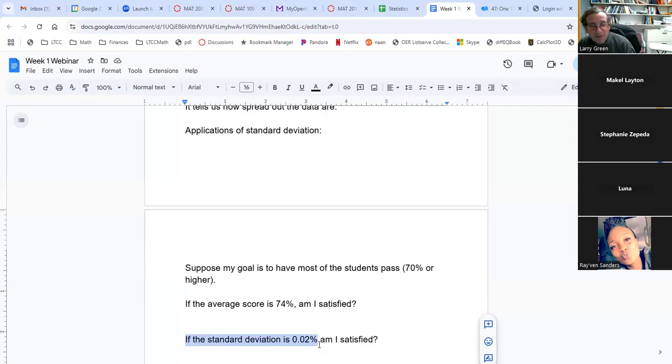If the average score is 74%, standard deviation is 0.02%, have I met my goal? Yes or no? I don't see y'all jumping in. I'm hoping you answer. It's only 2 or 3 letters to type.